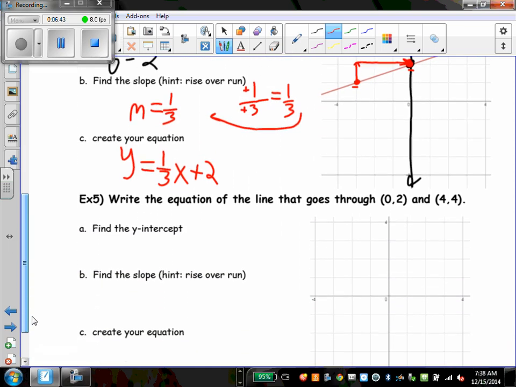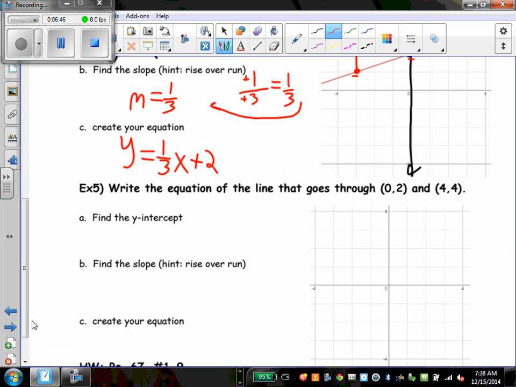Last example, write the equation of the line that goes through 0, 2 and 4, 4. Okay, well, there are a few things to realize here. One is that when you're given coordinates, you could end up graphing them. That might help you. Another thing that's helpful to realize is that y-intercepts always have this form, where you have a 0 for the x and then a number following it.